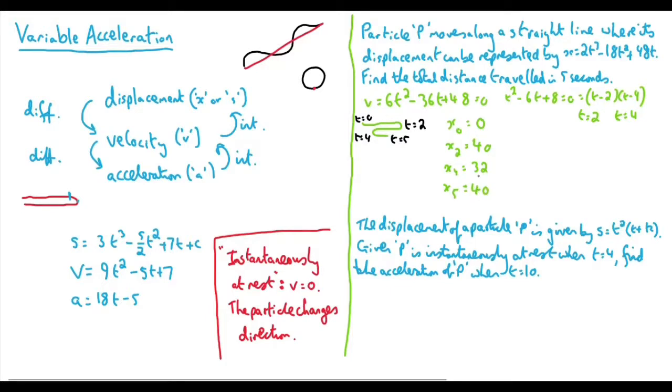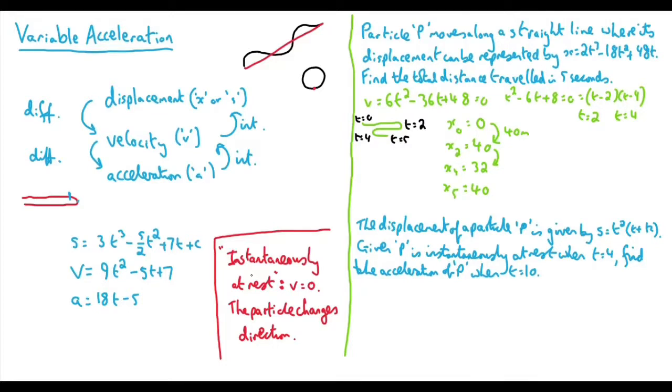These are the displacements. To get the distances, for the first leg, between 0 and 40, you've obviously travelled 40. Let's just say this is meters, because seconds and meters per second usually go together. The question would specify if it was important. Here, to go from 40 to 32, the displacement equation will give this to you as a minus 8.